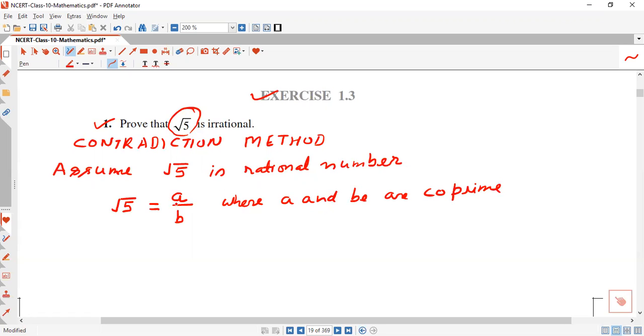Co-prime means nothing is common in a and b, and both are integers. Now a and b are co-primes.